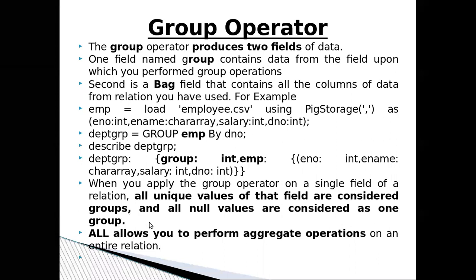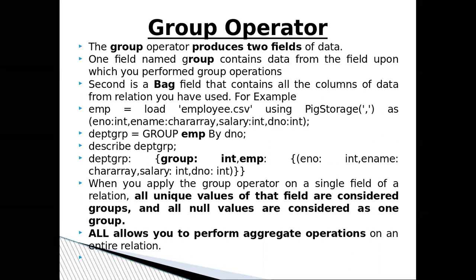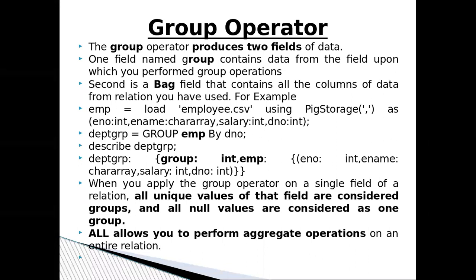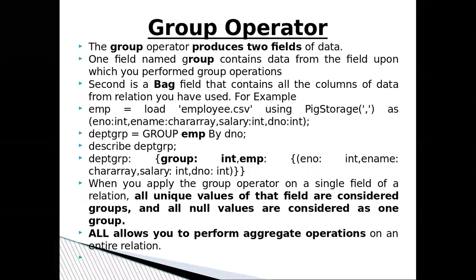So null values are combined together, taken as one group, and all the unique values in that field are considered as groups. If you specify the all option, okay, then it would allow you to perform aggregate or summary operations on your entire relation. Okay, we'll discuss how to work with the all option. But first, let's begin with this grouping on an individual field, and let's see how it needs to be done.